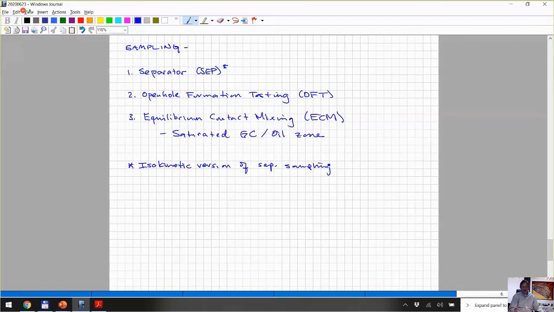It's usually for leaner condensates at very high rates, maybe more than 30 million standard cubic feet per day. Maybe it's less than that, but it gets worse the higher the rate and the leaner the condensate. It's dealing with the problem of liquid carryover in the separator gas stream.